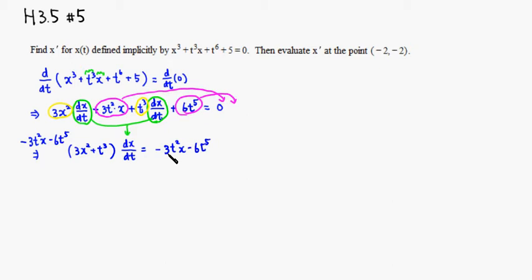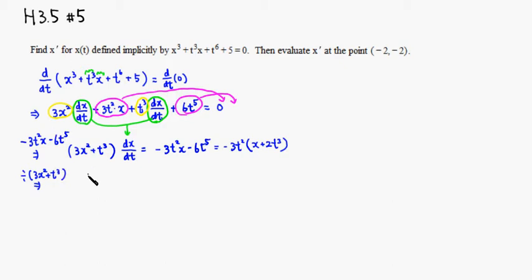If you want, we can factor out the negative 3t squared from there, and we have x plus, since negative 3 and negative 6 gives positive 2, and pulling t squared out of t to the 5th leaves a t cubed. Then we can isolate dx over dt by dividing through by 3x squared plus t cubed.